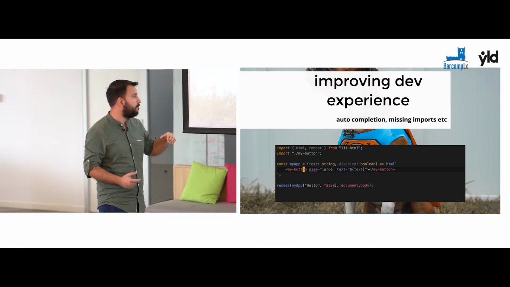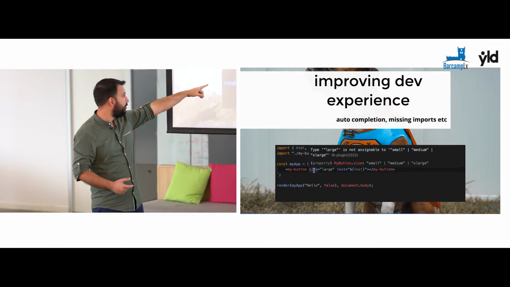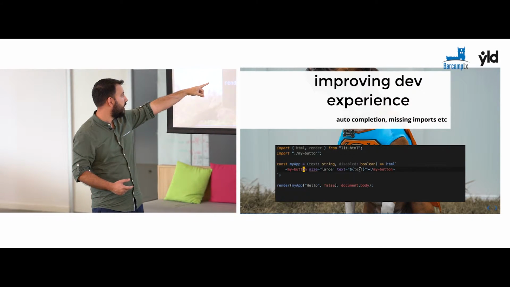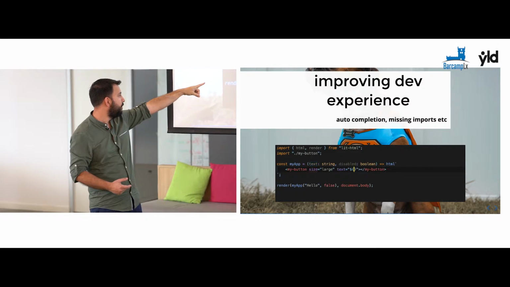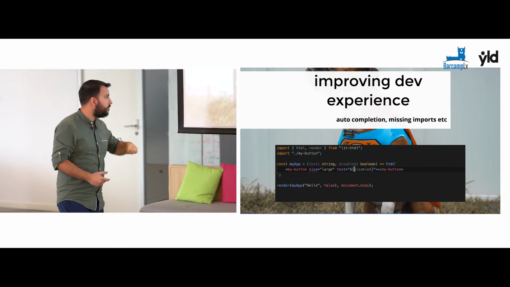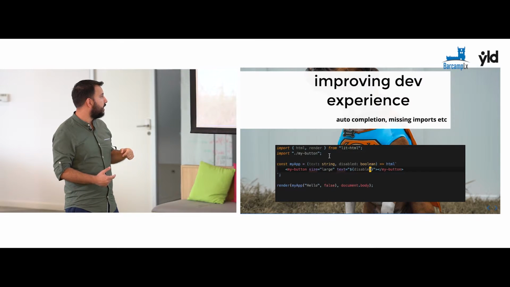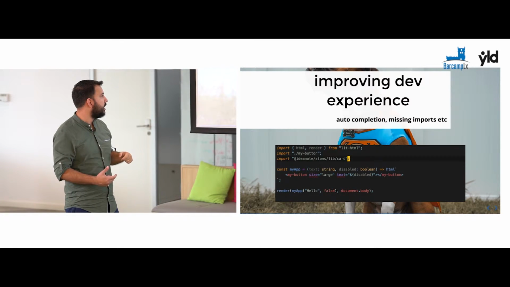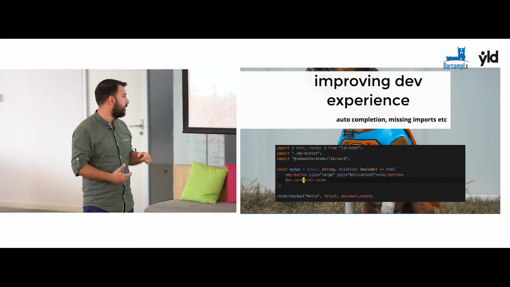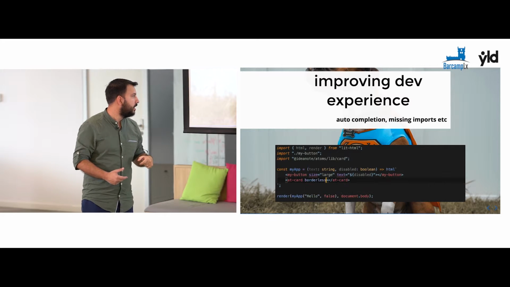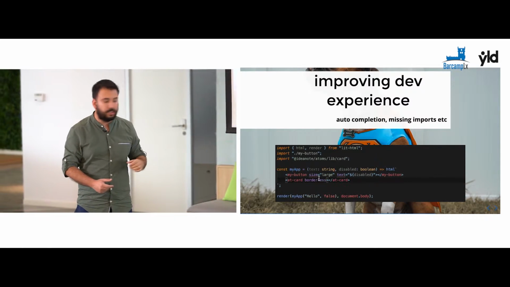If I change some property, it will accuse that this value is not accepted anymore because it's unknown. Also, I can see every property that I have in that component. So it has autocompletion and linting and any more stuff you can see by yourself.